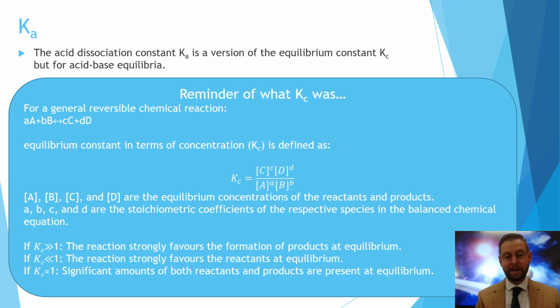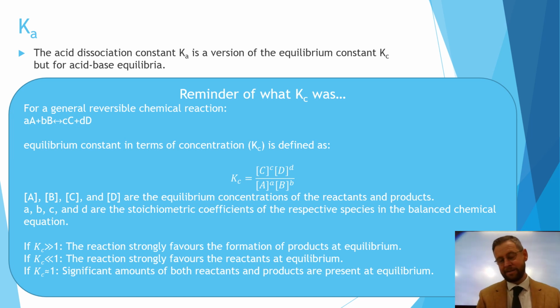When the numerator wins, we're dividing a big number by a small number, and we basically are going to get a number that is bigger than 1. And in that case, the reaction goes to the right, and we have the favoured formation of the products, those things on the right, C and D. But if it is less than 1, then the denominator wins. You're dividing by a big number.